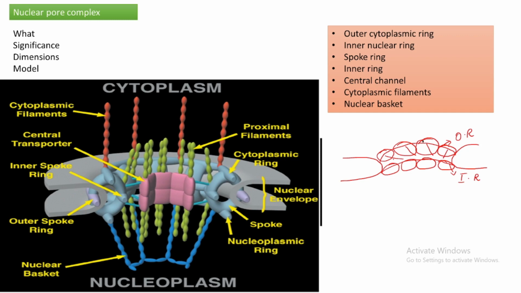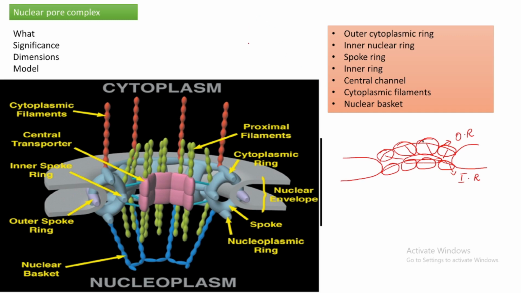And these spokes emerge towards the center and form another ring, inner ring, a central channel. In this way, the central channel will form. And before going further, I am explaining more clearly what is a spoke.